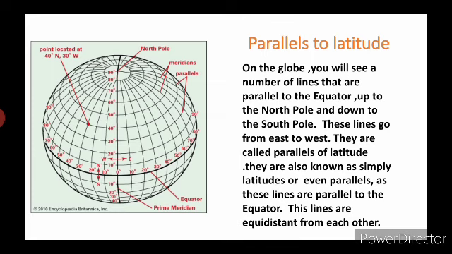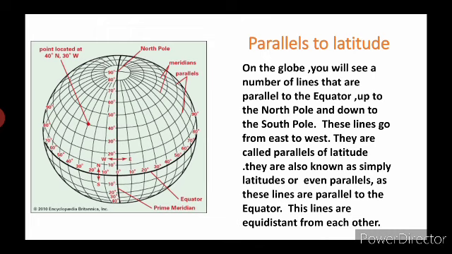These lines go from east to west. On this figure you can see some lines going from north to south, and some going from east to west. They are called parallels of latitude.